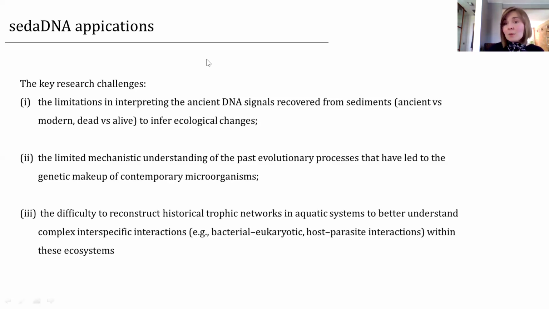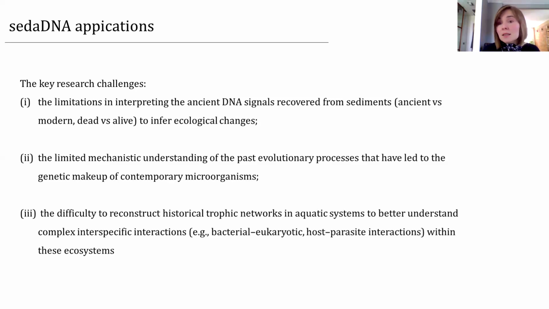The first is something I mentioned before: the limitations of interpreting the signals, so distinguishing between ancient and modern DNA, because I said sedimentary DNA is a mixture of both, and also distinguishing between that of living organisms and interpreting them in the context of ecological changes.